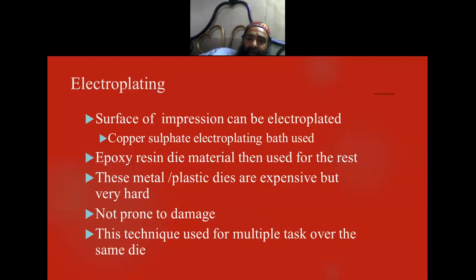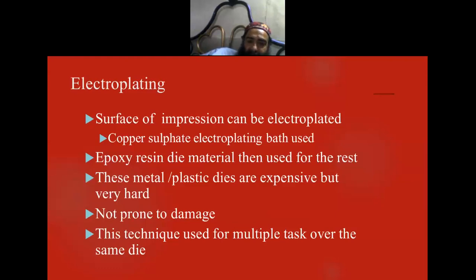A copper sulfate electroplating bath is used for the surface of the impression. Epoxy resin die material is then used for the rest.